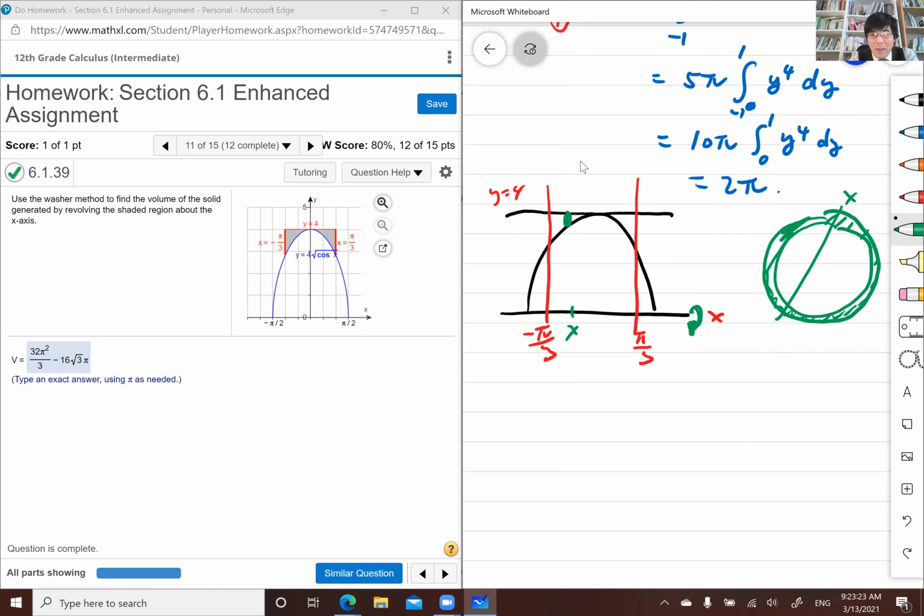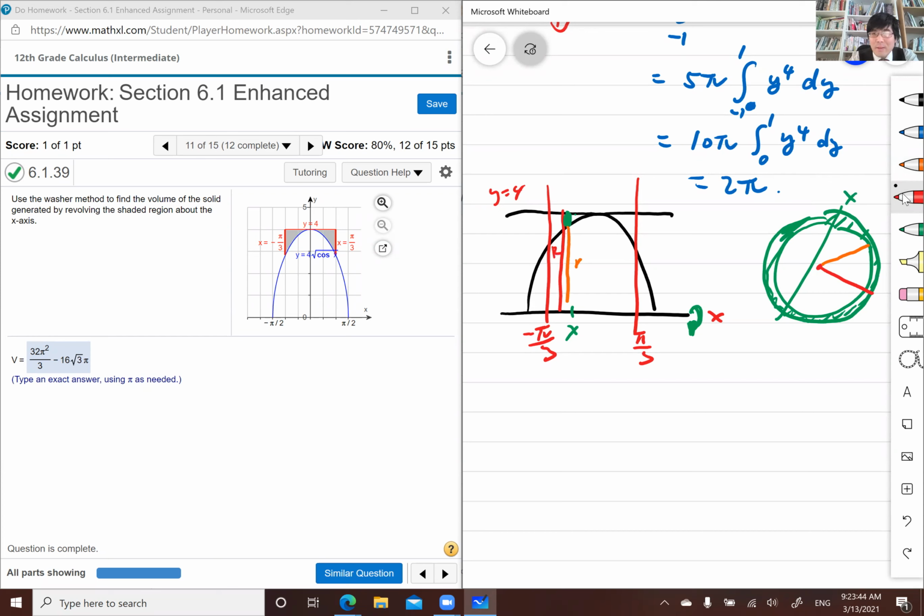Okay. To find the area of the ring, you need to find the radius of the bigger circle, the outer circle, and you need to know the radius of the inner circle. And that's corresponding to the length here and the length here.